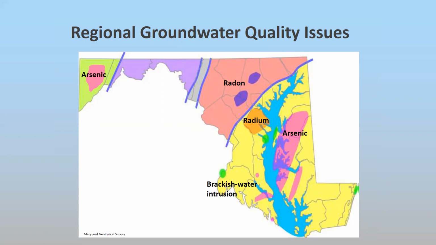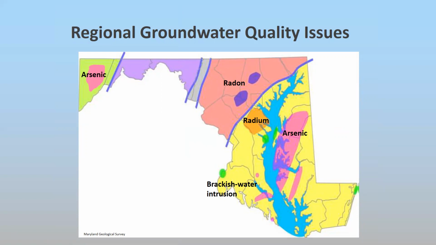We have radium, we have radon areas, and these are, again, naturally occurring contaminants within the geology. So if you tap into an aquifer in these regions, you may be getting some contamination. And then again, as I mentioned earlier, we do have some brackish water contamination along the coast.